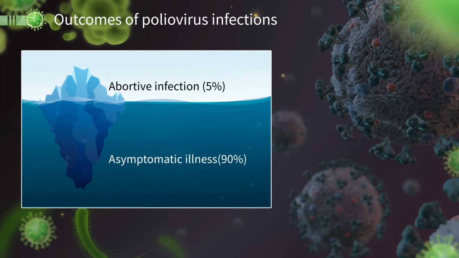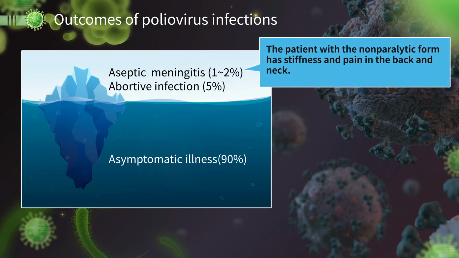Nonparalytic poliomyelitis or aseptic meningitis occurs in 1% to 2% of patients with poliovirus infections. The patient with a non-paralytic form has stiffness and pain in back and neck.